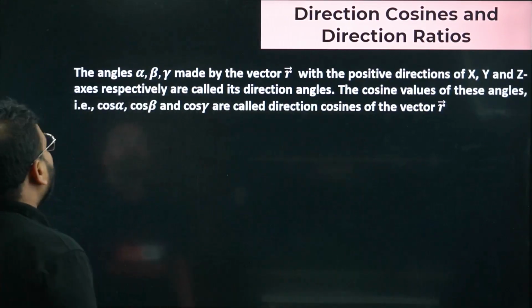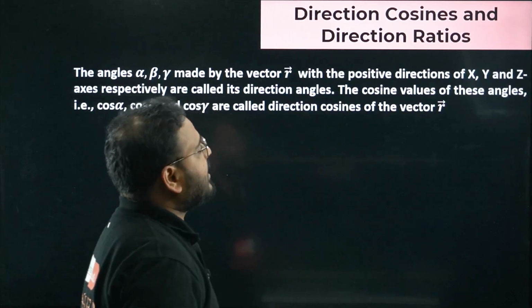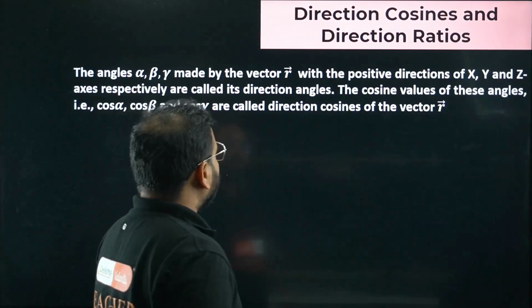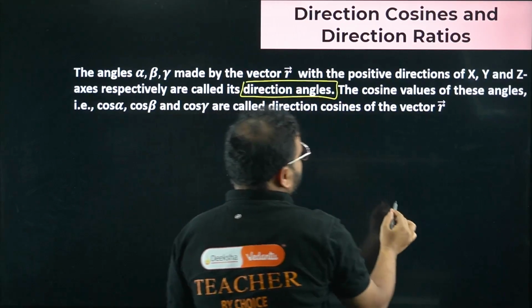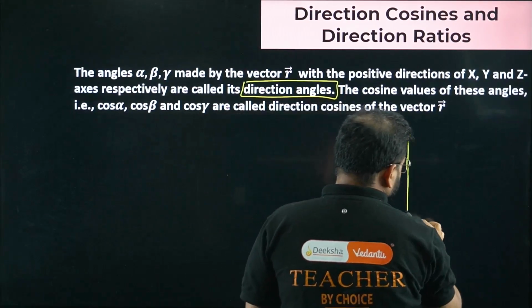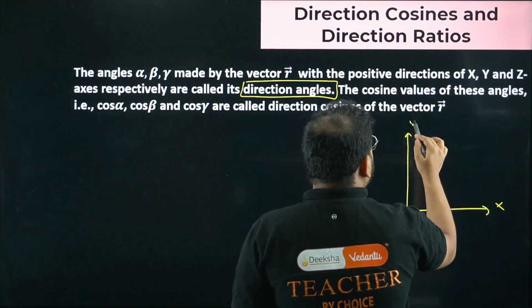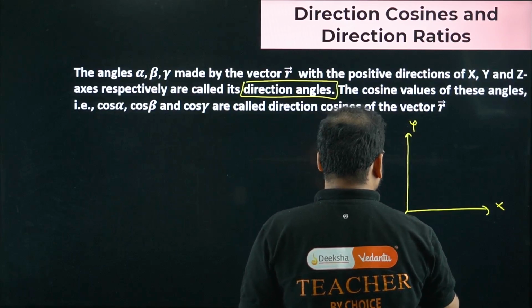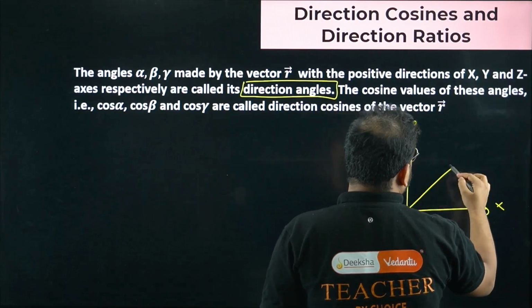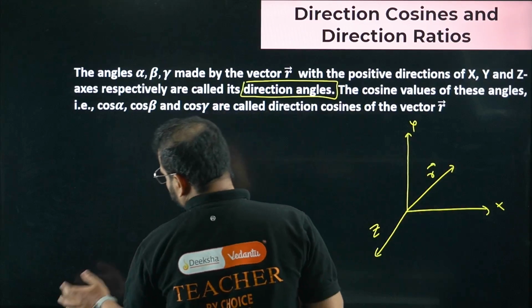So what is there? The angles alpha, beta, gamma made by the vector R with the positive directions of x, y, and z are called its direction angles. For example, sir, can you show? Of course I can show. This is my x-axis, y-axis, and I can take this as my z-axis, let's say. If I take my vector, let's say vector R, what are my angles alpha, beta, gamma?